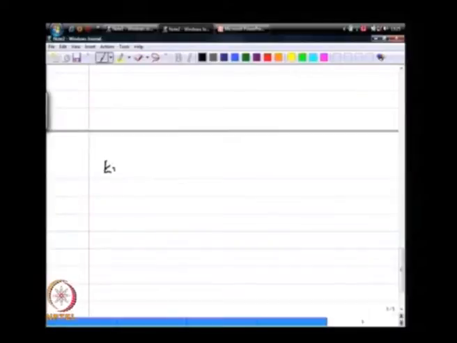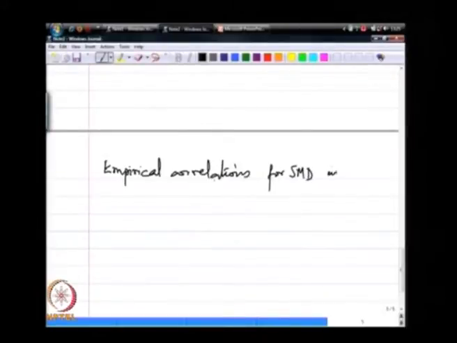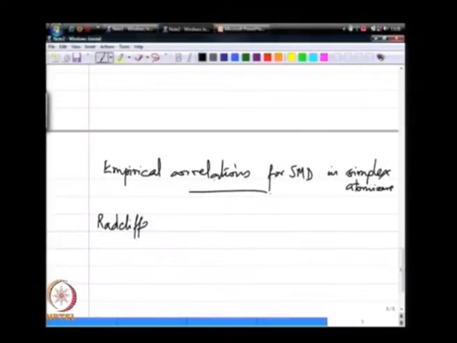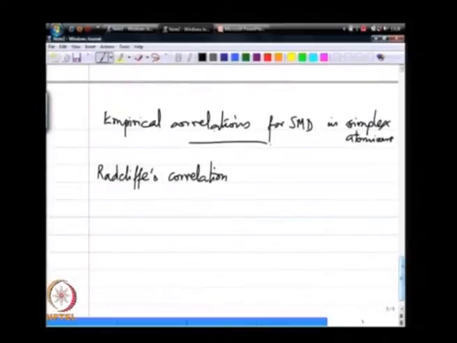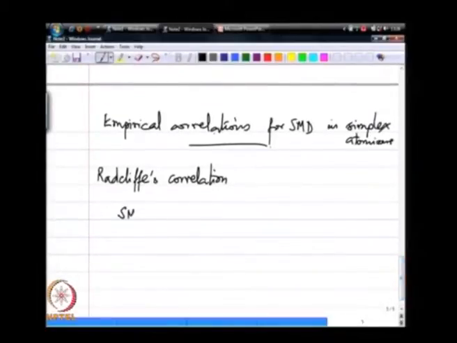So, what sort of empirical correlations are available? For SMD in simplex nozzles, in pressure swirl nozzles, one of the first and early works is due to Radcliffe, who gave us this formula.